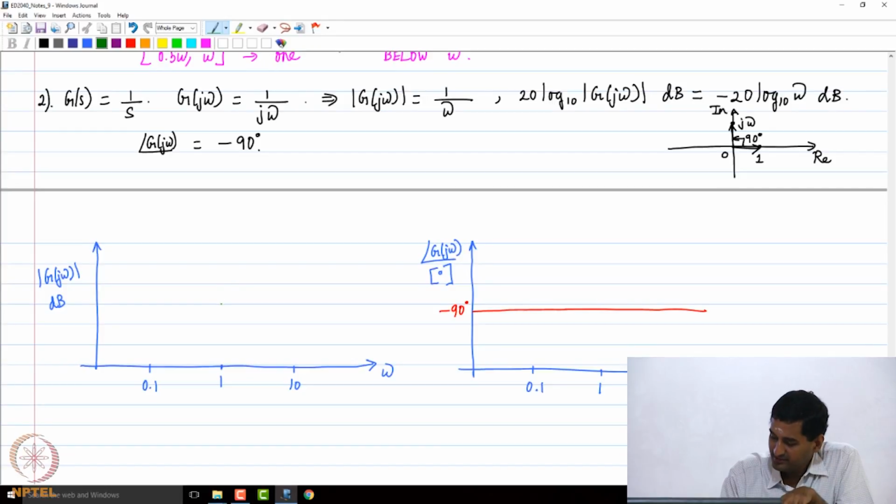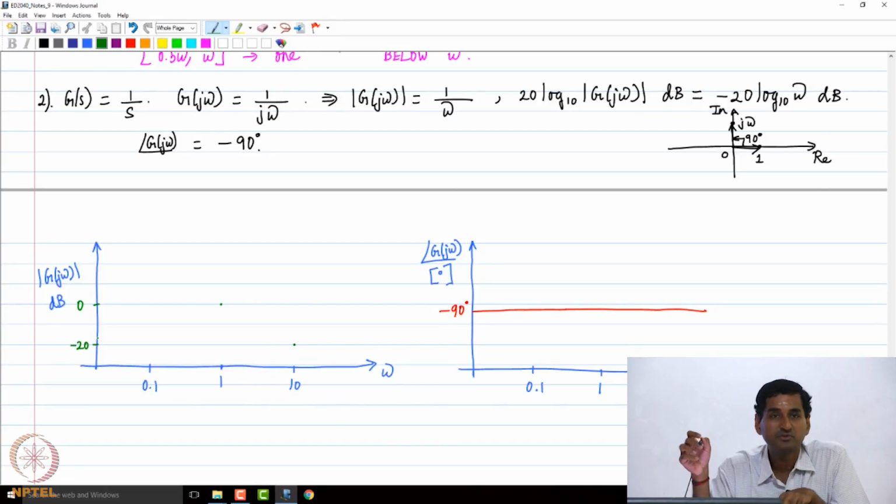So you get 0, let us say this is my 0 decibel value. Now substitute omega equals 10, what do we get as decibel measure? We get minus 20. So at omega equals 10, I get minus 20. And if I substitute omega equals 0.1, what do I get? Plus 20. So at omega equals 0.1, I get plus 20.